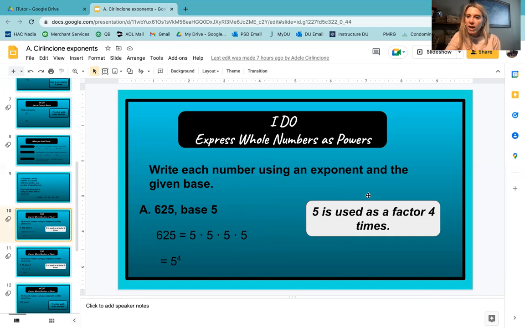So we have to write 5 times 5 times 5 times 5. How many 5s do I have here? I've got 4 5s. So my base is 5, right? It's my big number, my base. And then my exponent or my power is 5 to the power of 4. So 4 is my exponent, it's my power.